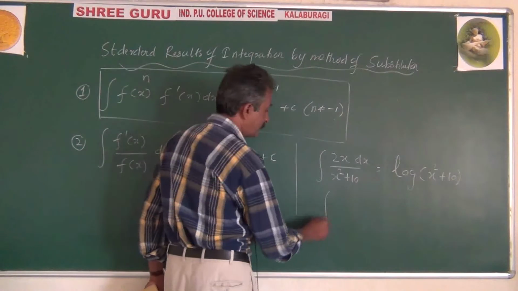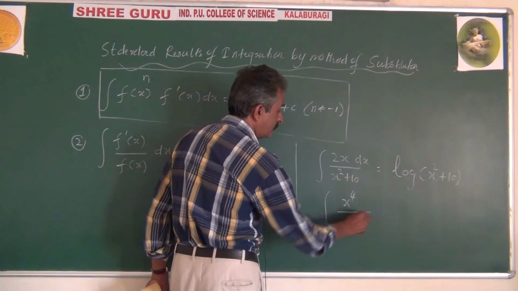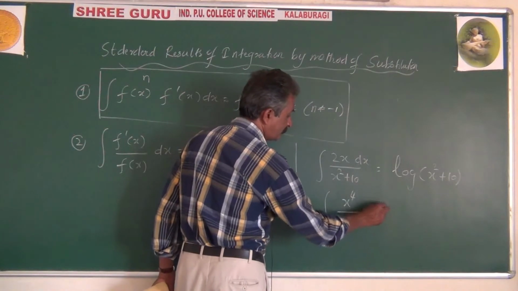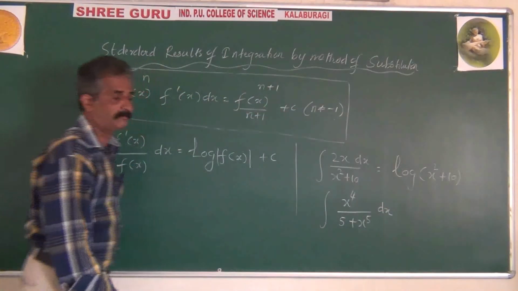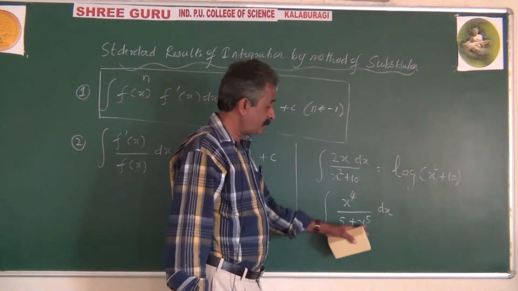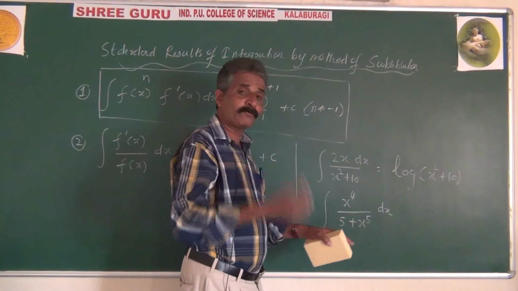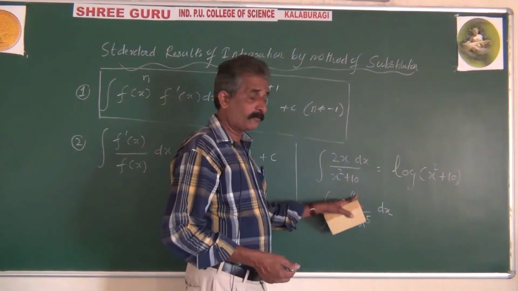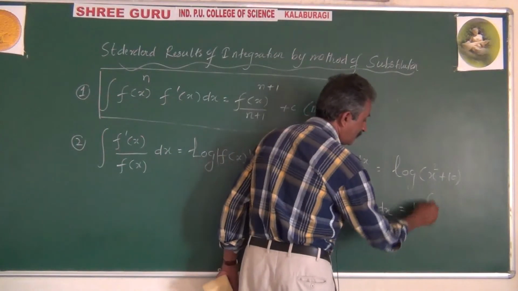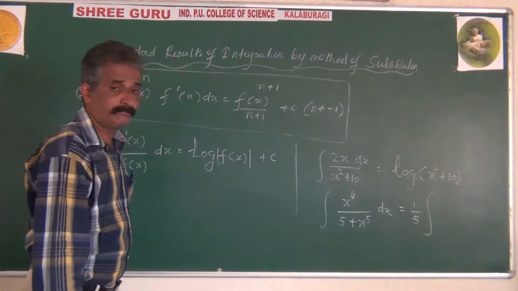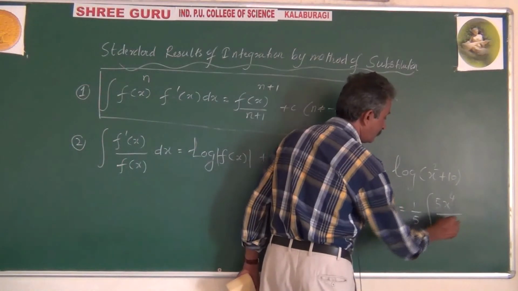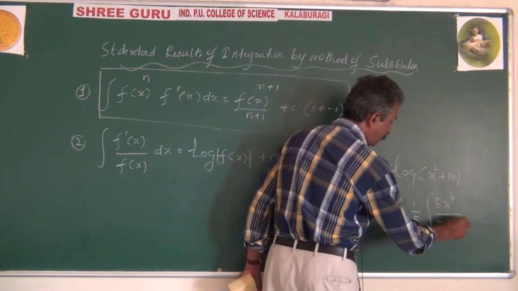Similarly, suppose we have integration x power 4 divided by 5 plus x power 5. You observe the connection. Differentiation of x power 5 is 5x power 4. We have got x power 4, but we don't have 5. So we shall divide by 5, and inside the integration we shall multiply by 5: 5 x power 4 divided by 5 plus x power 5.